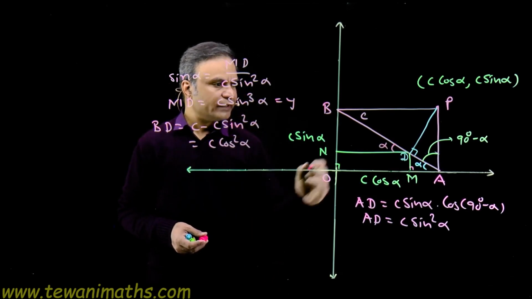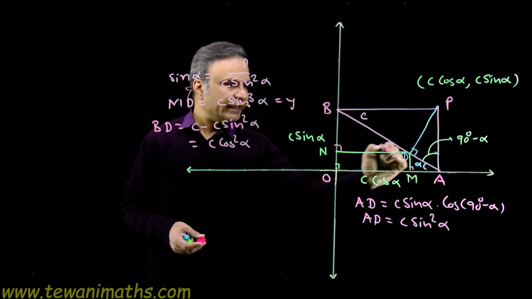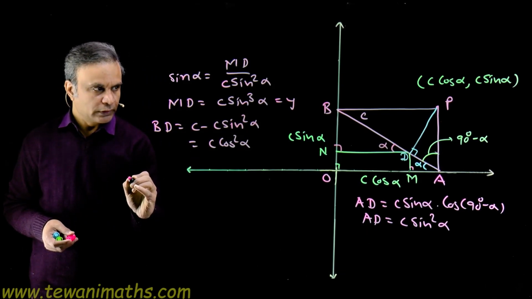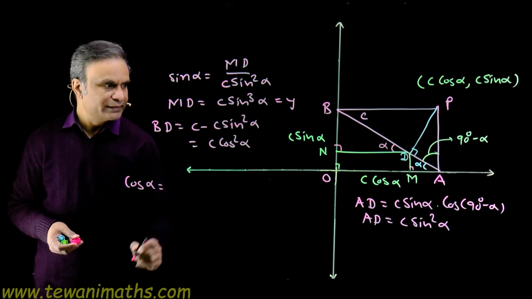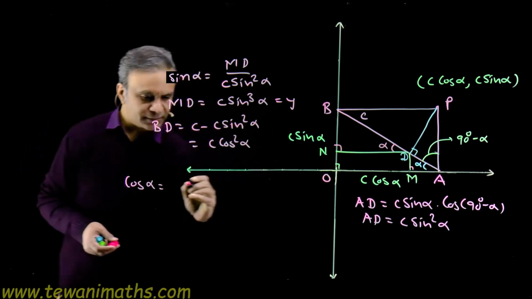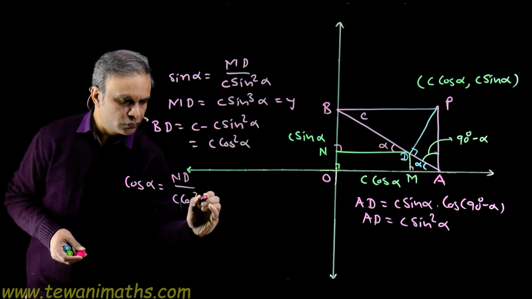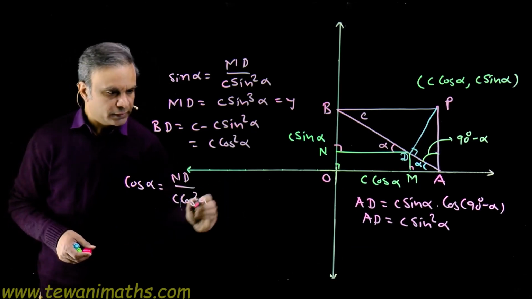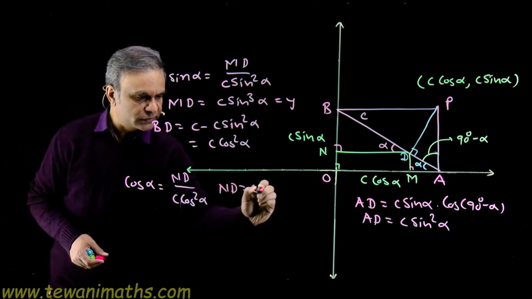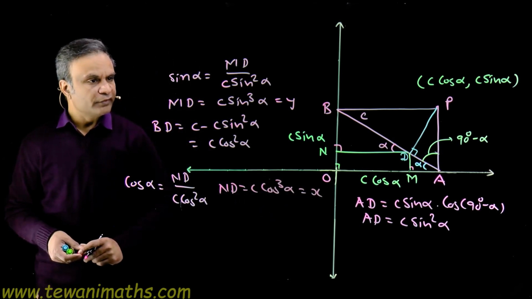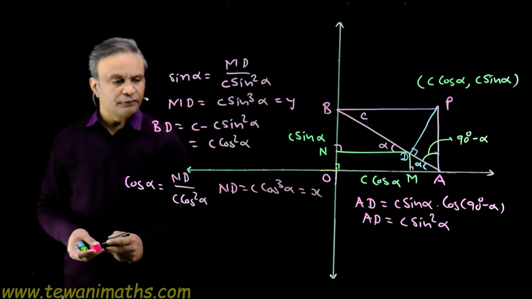So in right angle triangle BND, we have cos alpha equal to adjacent side ND upon hypotenuse C cos square alpha. So ND is C cos cube alpha. Suppose this is X. Now we have coordinates of point D as a function of angle alpha.